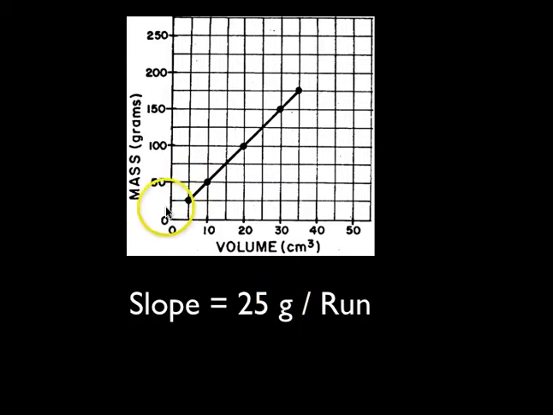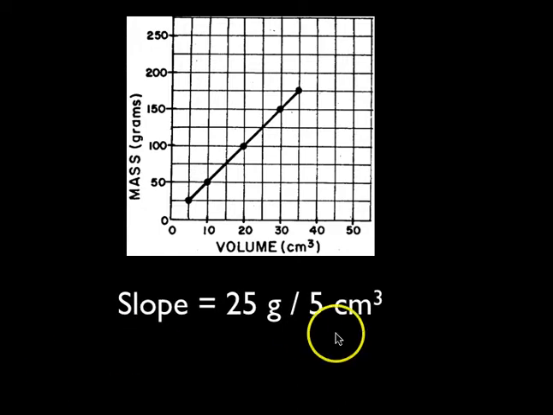Now notice that the y-axis measures mass in grams, so when we increase by 25 from here to here, we're actually increasing by 25 grams. Our run is how far we go on the x-axis, so we're going from here to here, so our run will actually be 5 cubic centimeters.